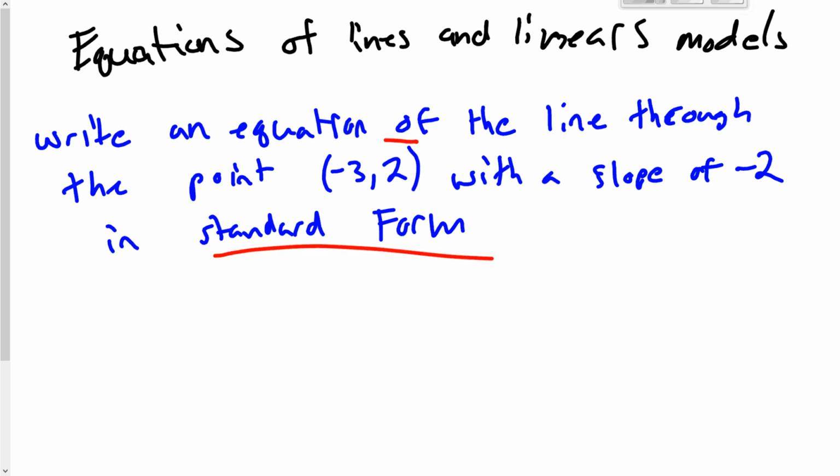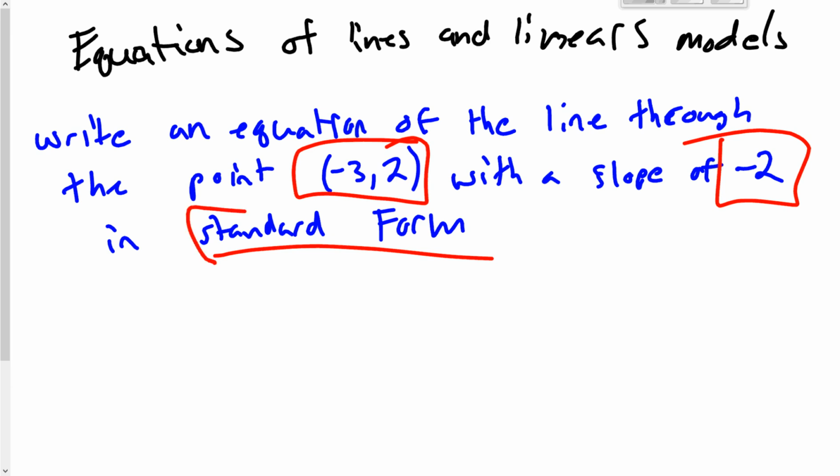Okay, so we're given a point and we're given a slope, right? So that would be a key to think about which form: standard form, point slope form, or slope intercept. One of those three we have to start with. We know eventually we're going to get to standard form, but which form do I go to first?